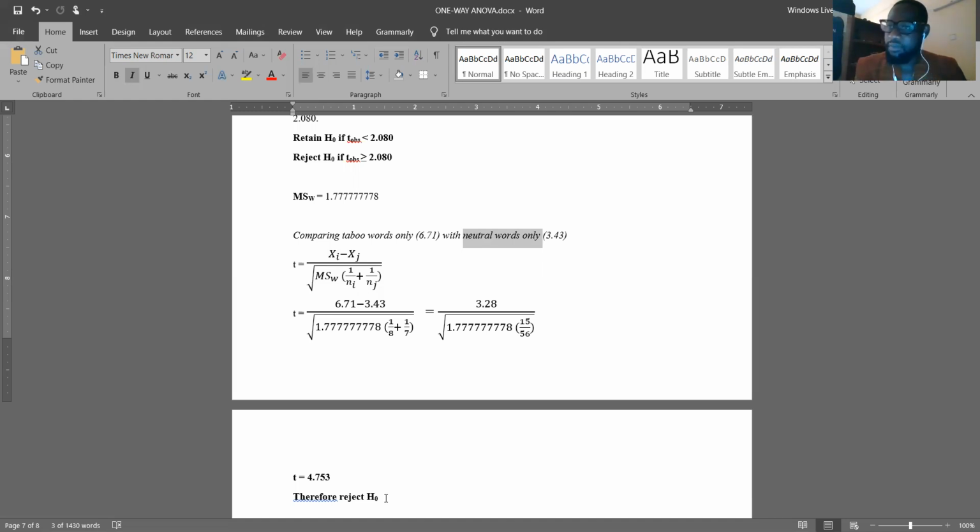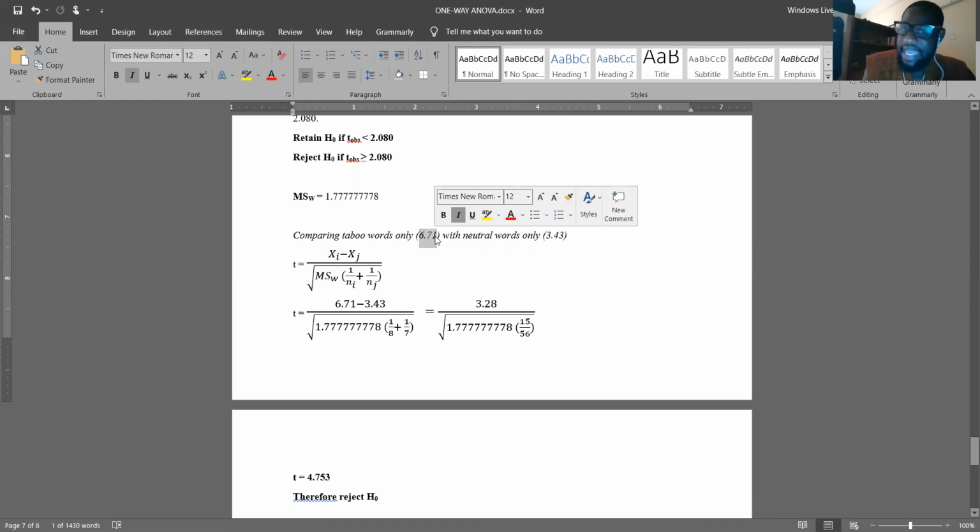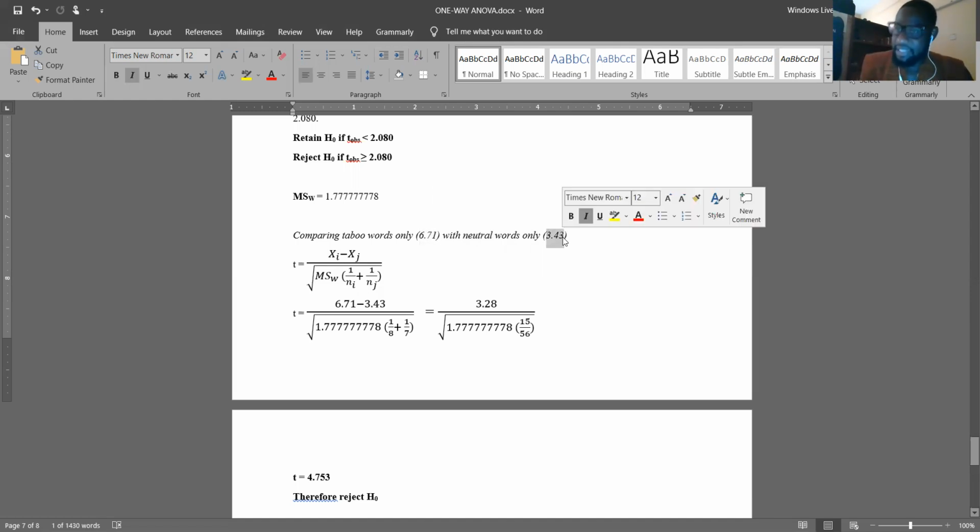Like what we did for LSD, we used the means. And you could see that the mean value for taboo words is greater than neutral words, meaning that participants in taboo words only committed more errors than those in the neutral words only, which is significant.